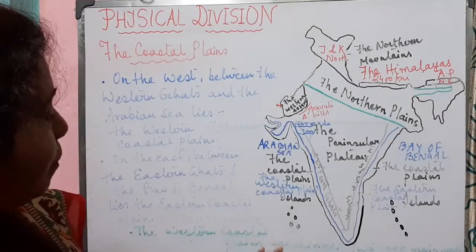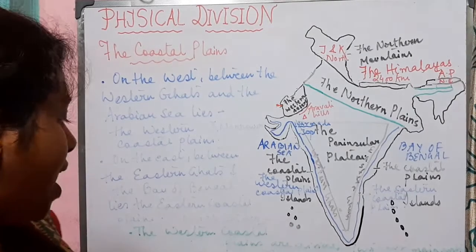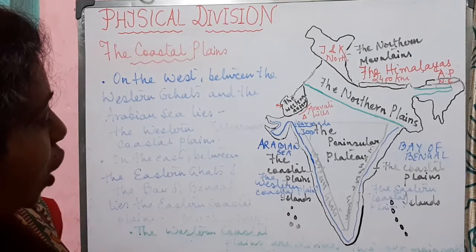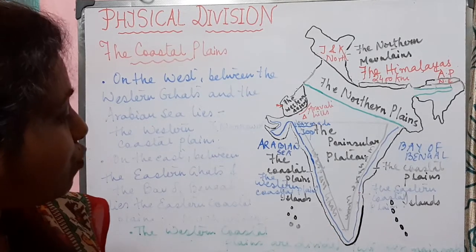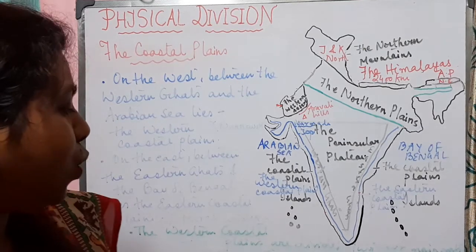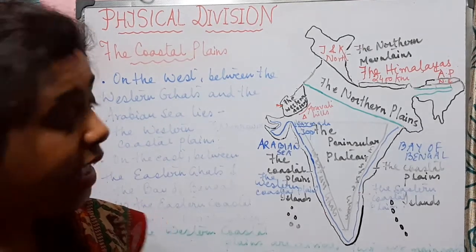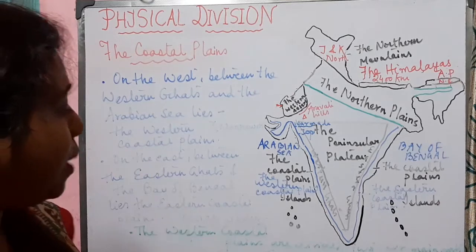Now, the western coastal plains are divided into four main parts: the Gujarat coast in the north, the Konkan coast up to Goa, that is from Maharashtra to Goa, the Kannada coast from Goa to Mangalore, and the Malabar coast from Mangalore to Kanyakumari. Now, let us talk about the eastern coastal plains.